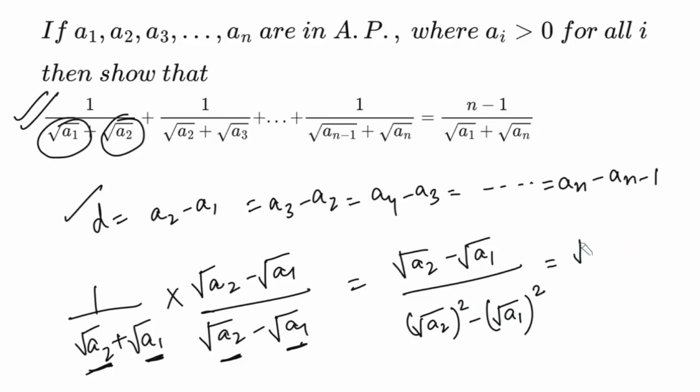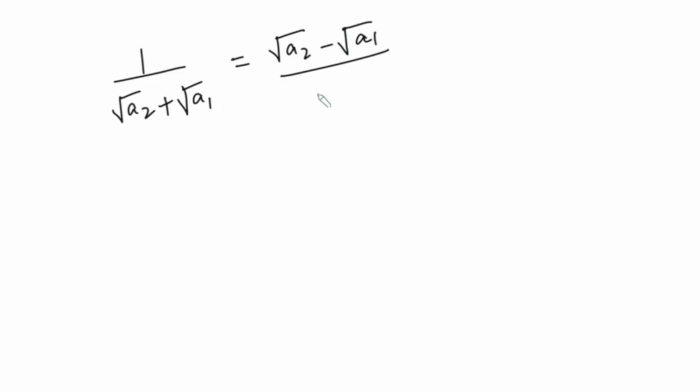So you have square root a2 minus square root a1 over a2 minus a1. So the first term is now in the form of square root a2 minus square root a1 over a2 minus a1, which is equal to d.